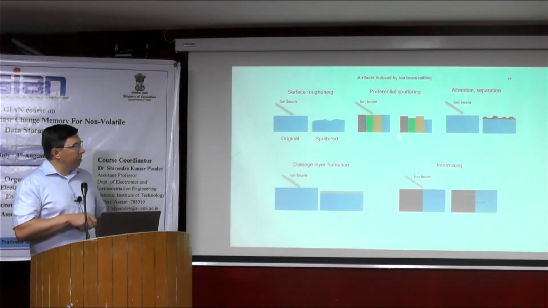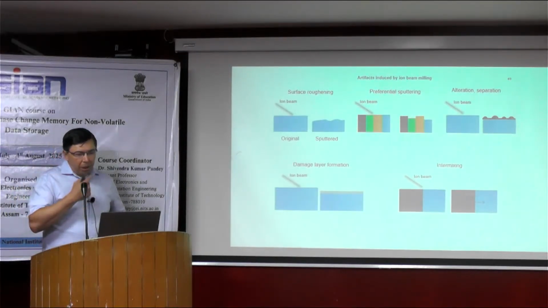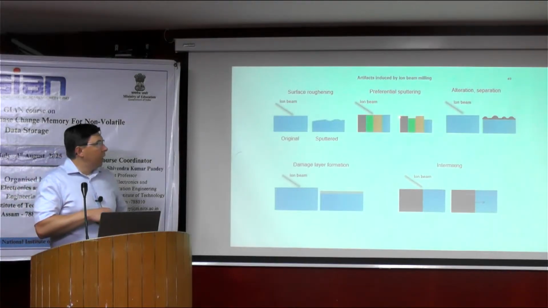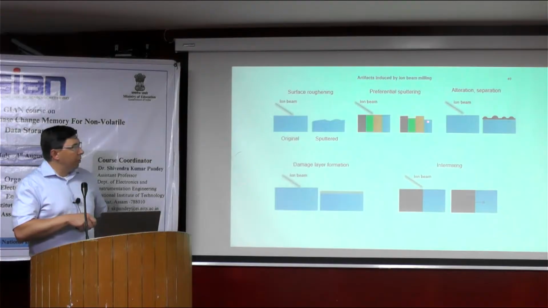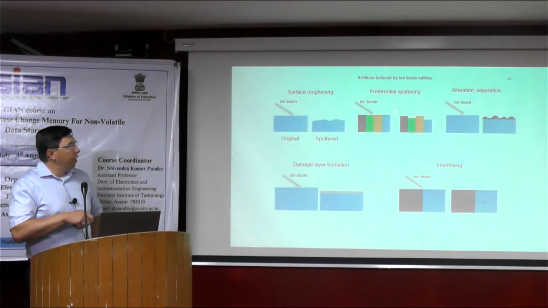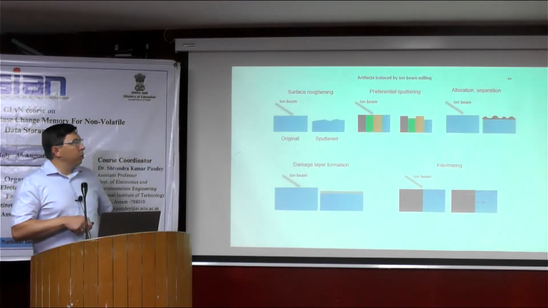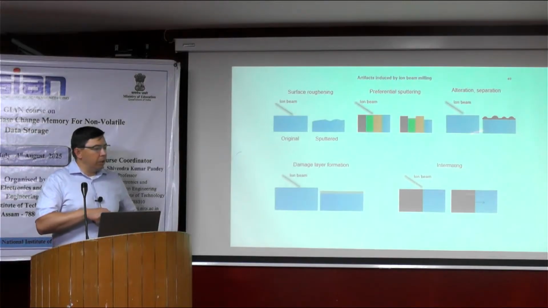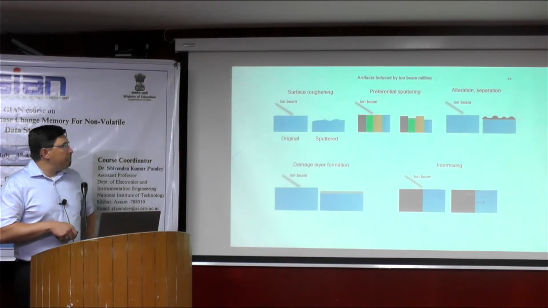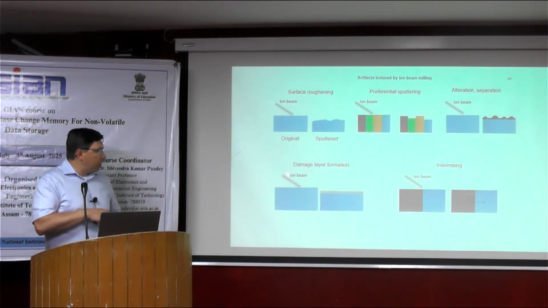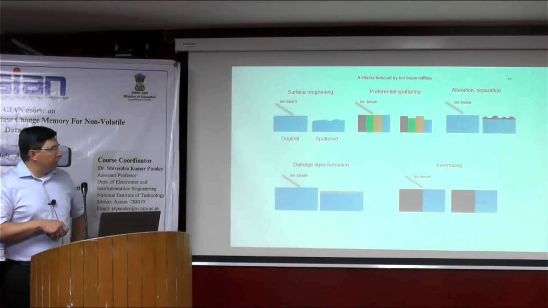So different materials have different properties, mechanical properties, toughness, hardness, and some softer materials will be sputtered much faster away than the harder materials. So you should be aware of this problem. Then, of course, you can have alteration and phase separation on the surface. Then damage formation by ion beam.